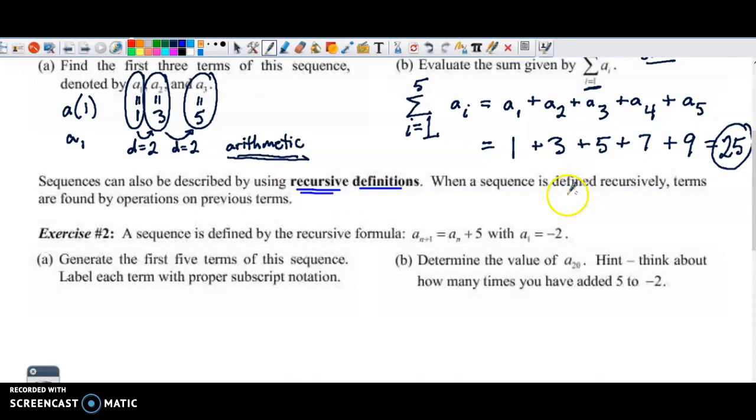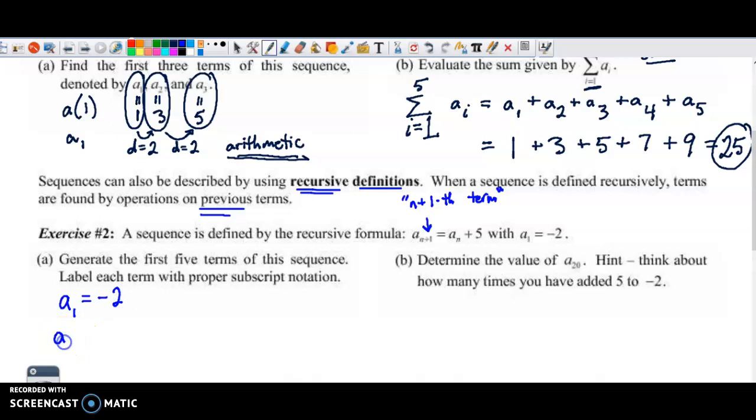So what does it mean to be recursive? You need to know the previous term in order to know the next one. I know this is confusing at times, so stick with me. This phrase is referred to as the n plus 1th term. Let's say we know a sub 1 is negative 2. I'm going to write that down because it tells you.